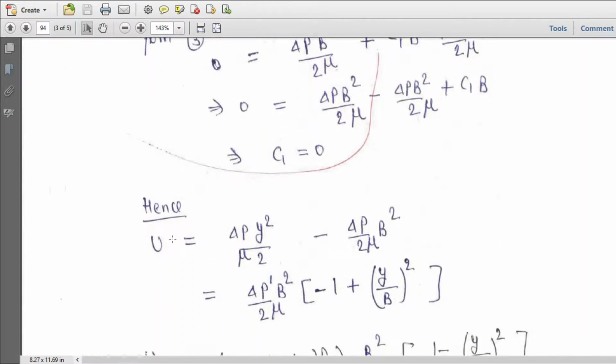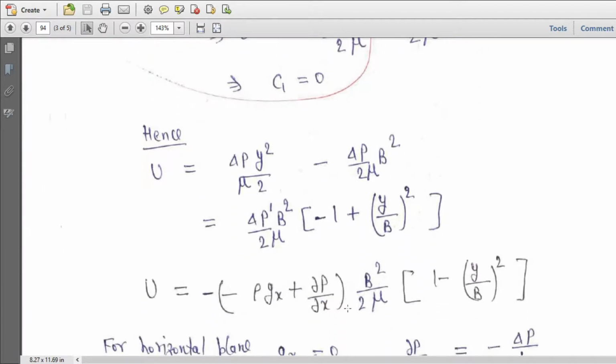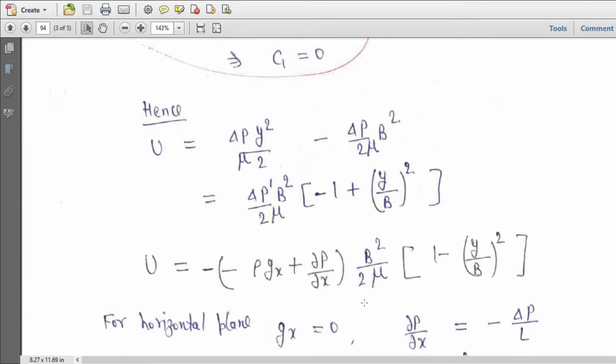Hence the velocity expression is delta P dash b square upon 2 mu, then minus, so 1 minus y upon b whole square. We can write this in this particular format here.